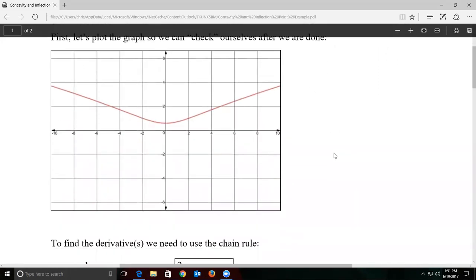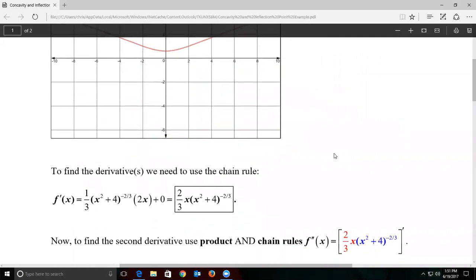So I'm going to find the derivatives of this function. To find the first derivative, I'm going to use the chain rule. We're going to take that 1/3 power down and hold this constant, and we're going to subtract a power from the exponent, so it's going to be the negative 2/3 times the derivative of the inside. The derivative of the inside is 2x plus 0.